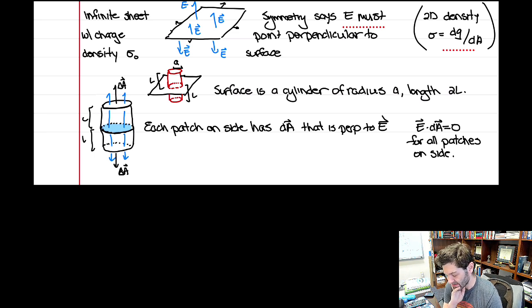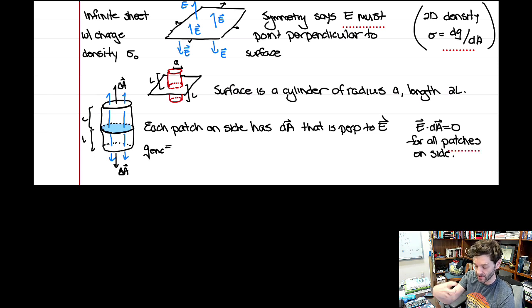Now what is the charge enclosed? Here it is useful that it's a constant charge density, which means the charge density is the same whether I'm looking at a little patch of the sheet versus a giant patch of the sheet. The density, how the charge is spread out, is uniform. So then we can use essentially dimensional analysis.